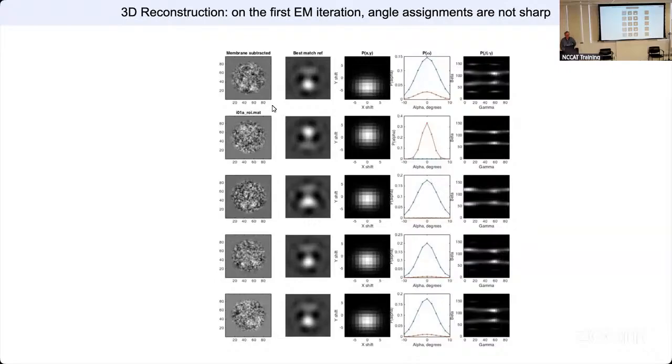Now you can do the same thing in 3D reconstruction. This is a primitive 3D reconstruction. So we have particle images, we have a projection of the 3D volume, and here are the parameters of the gamma function: translation, in-plane rotation, and tilt and spin.